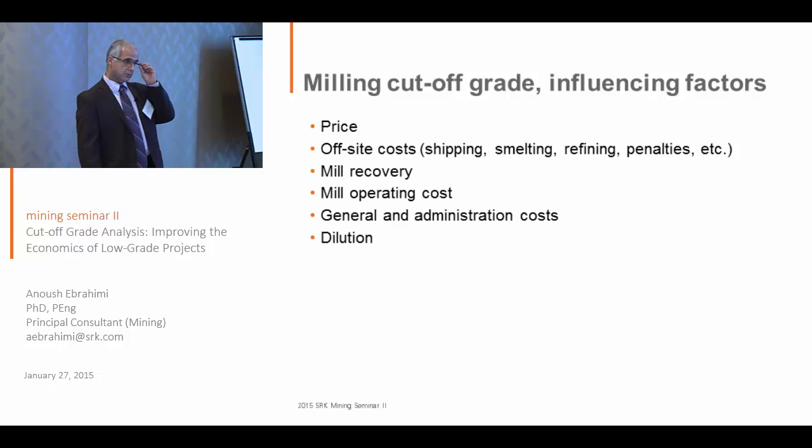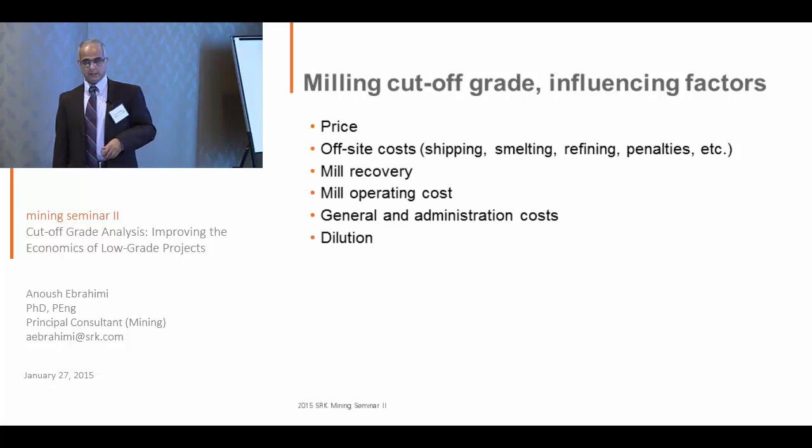Offsite costs are another one. Talking about the mine design, cutoff grade in particular, you have to do your homework very well and research the offsite cost. We sometimes call it selling cost.